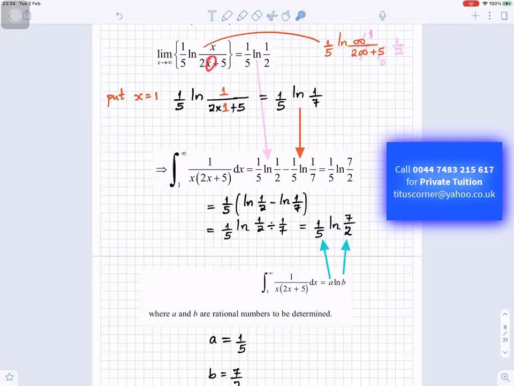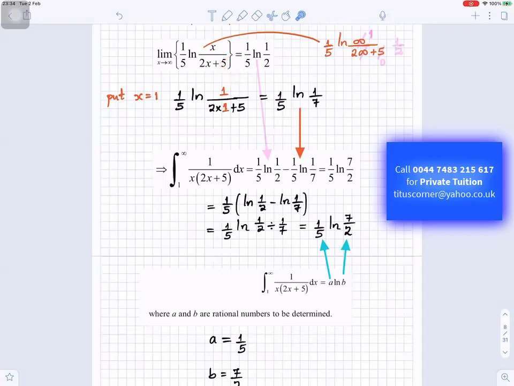So imagine this, a very large number divided by 2 times that large number, so double it, plus 5. Adding 5 doesn't make much difference. It's like adding 5 to 300,000 billion. Doesn't make much difference. So the 5 can be considered as 0.